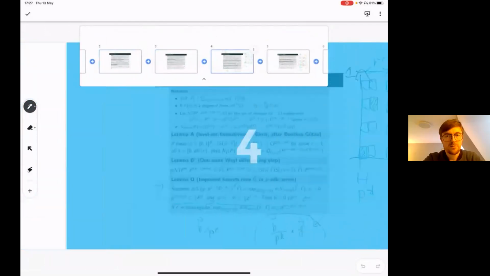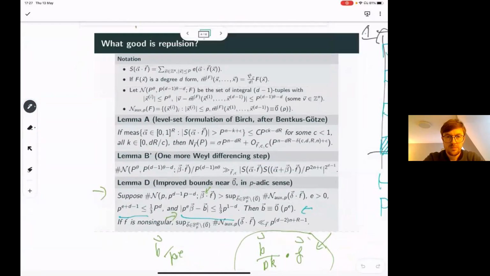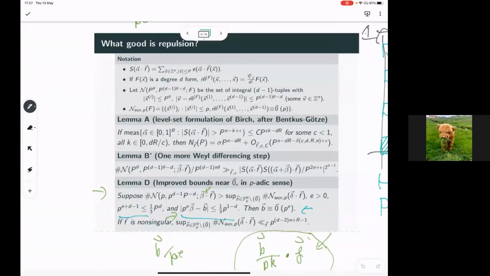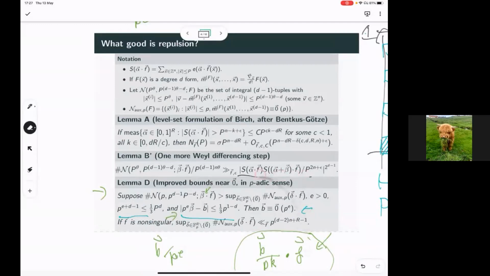Okay, I think probably this is the best bet. So the question is, as I understand it, whether this step here involves the homogeneity of the forms. And the answer is sort of yes and no.